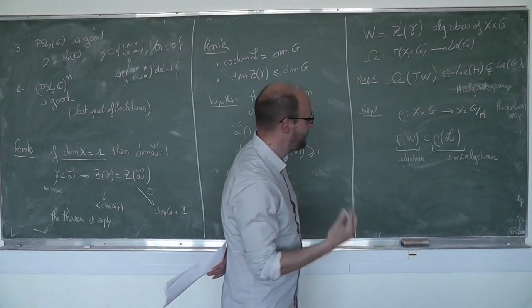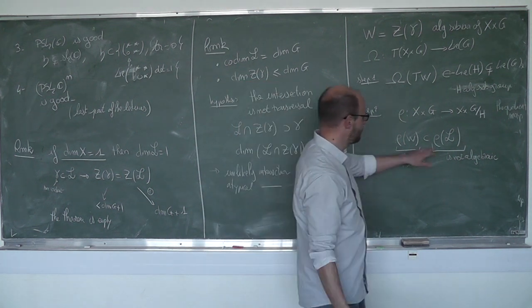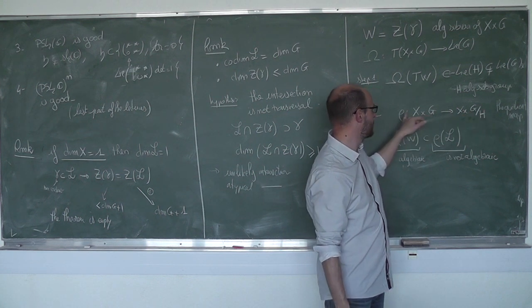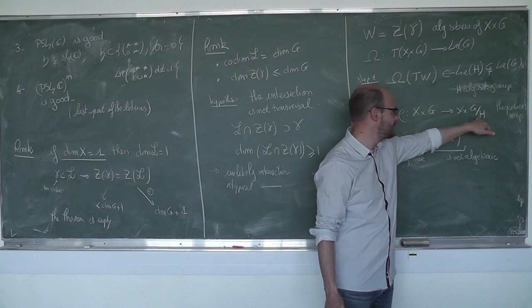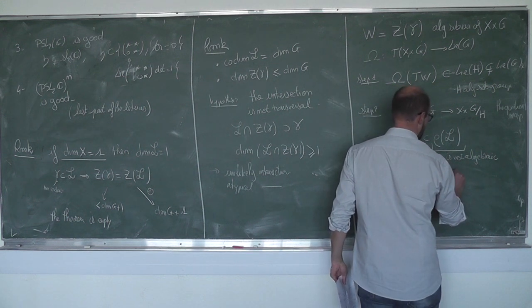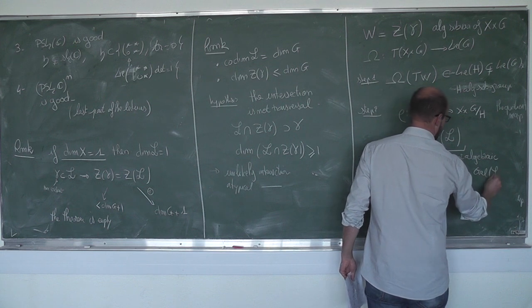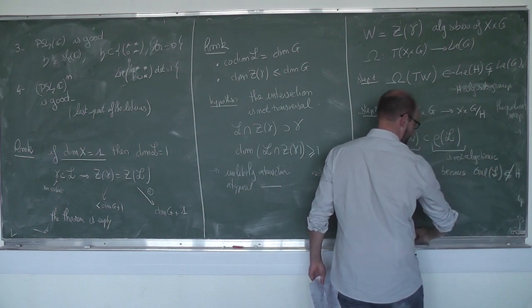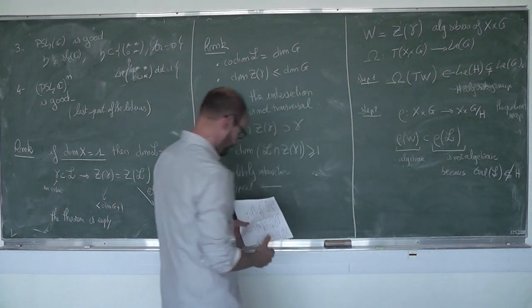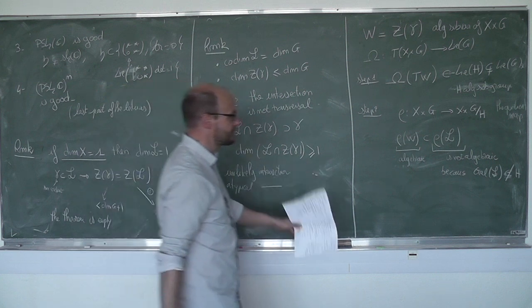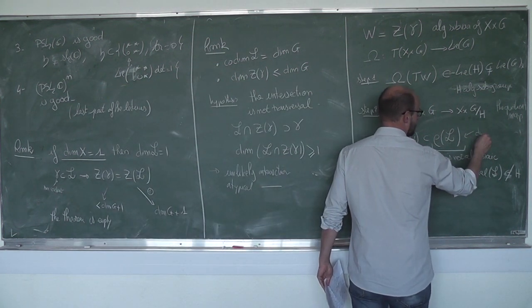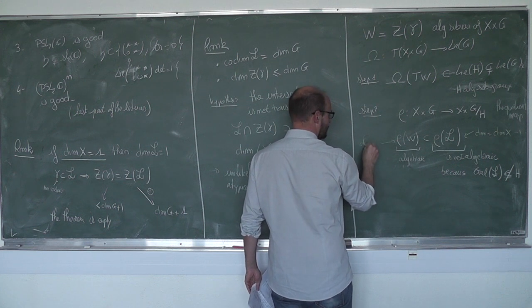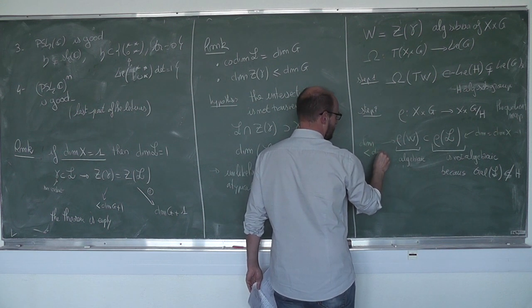It is not algebraic because the Galois group is not H. Remember that this subvariety of the quotient here is algebraic if and only if the Galois group of the leaf is included in H. Because the Galois group of L is not included in H, as this has dimension equal to the dimension of X, then this has dimension strictly smaller than the dimension of X.